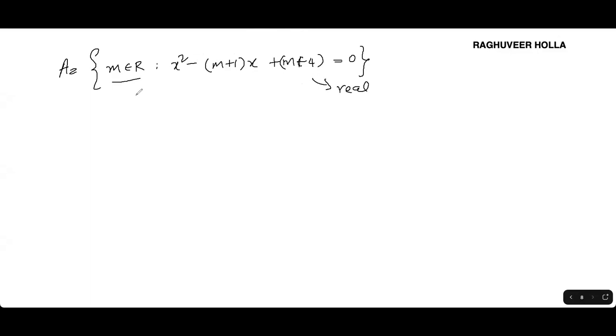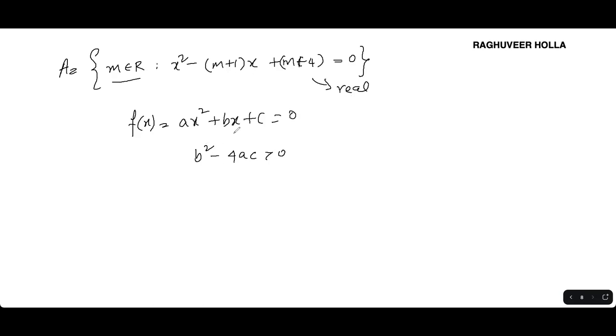So now this is in the form f of x is equal to ax square plus bx plus c, which is equal to 0, right? Since we have real roots, let us consider b square minus 4ac, which is greater than or equal to 0.